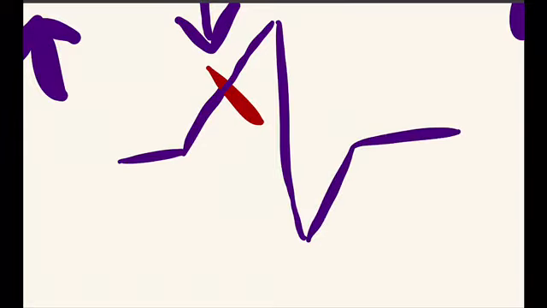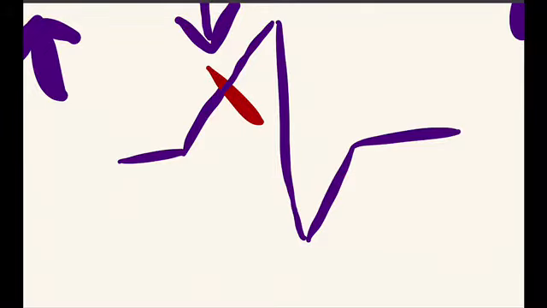So in right ventricular hypertrophy, what you can see is a more prominent R wave in the V1 lead and a smaller S wave in the V1 lead.